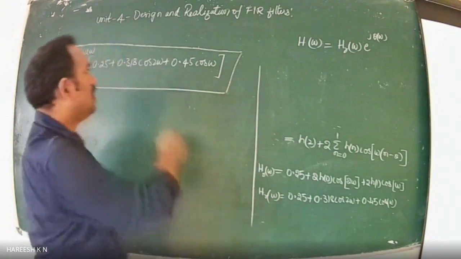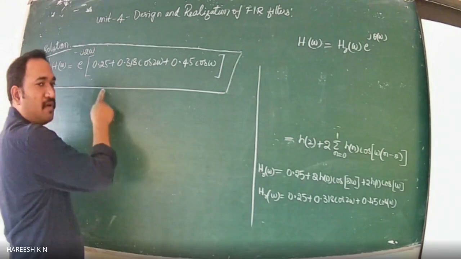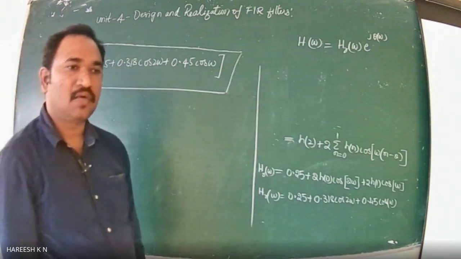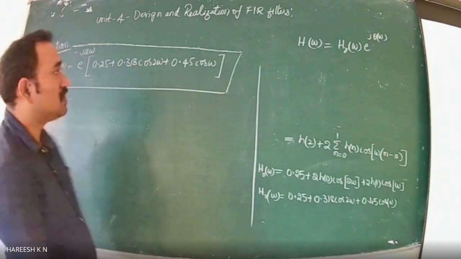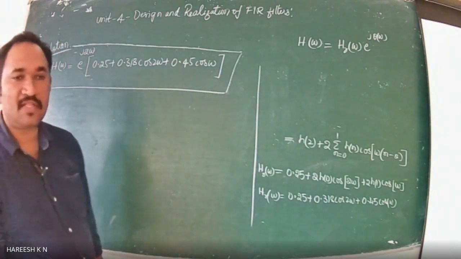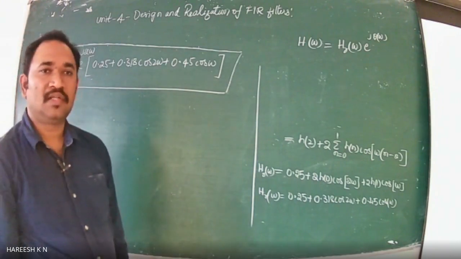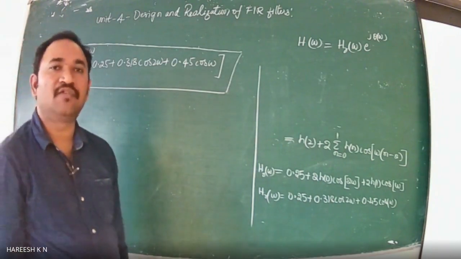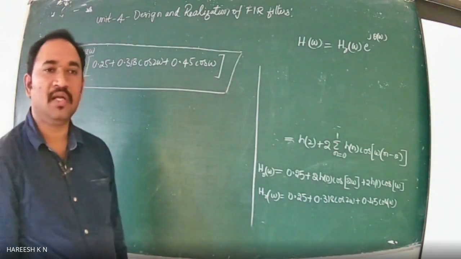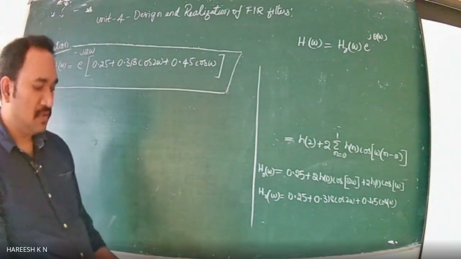Now, this is the frequency response of a FIR filter with the given specification, right? Now, this is how we can get the frequency response of a FIR filter. If desired frequency response is asked, therefore, HD of omega is what we need to find. Based on the question, we are supposed to find the corresponding result, right? Solution to it.